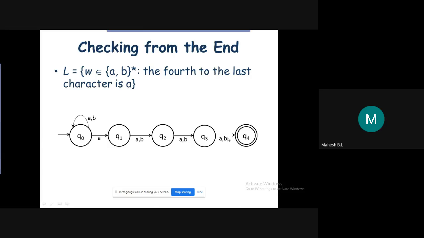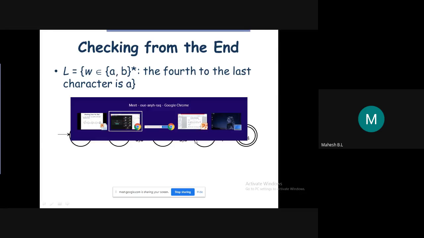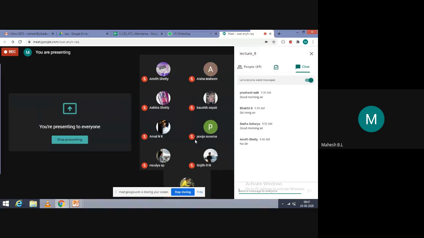This is the first character from the end, second, third, and this is the fourth character from the end, which has to be a. Remaining characters can be either a's or b's. So at the beginning, you can have any sequence of a's and b's, but the fourth character from the end has to be an a, which can be followed by any sequence of a's and b's.